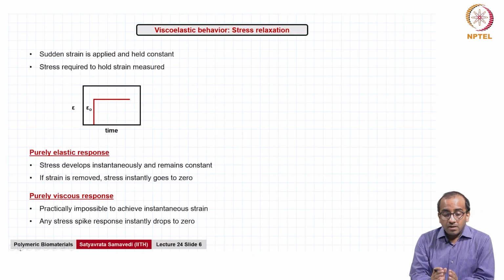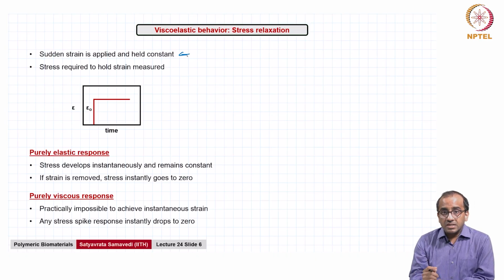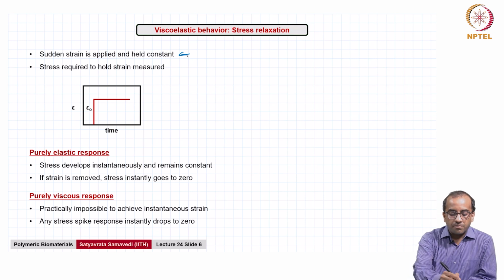So, here what is happening is you have the same viscoelastic material, and what you are doing is a sudden strain is applied, a deformation is applied suddenly, and the deformation is held constant as a function of time, as shown here. This constant deformation is applied suddenly, and as a function of time it is held.